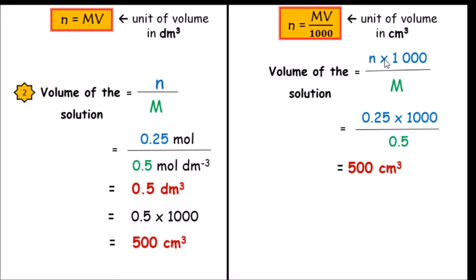So you will get number of mole is 0.25 times 1000 over 0.5 mole per dm cube. So the final answer you get is directly in the unit of cm cube. If you use this formula, mv over 1000, the unit is in cm cube.